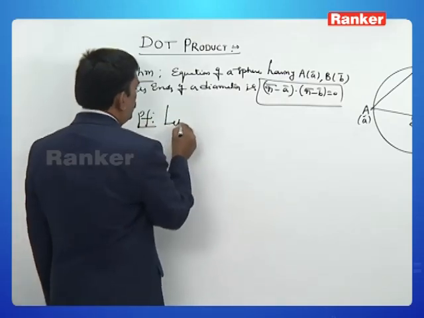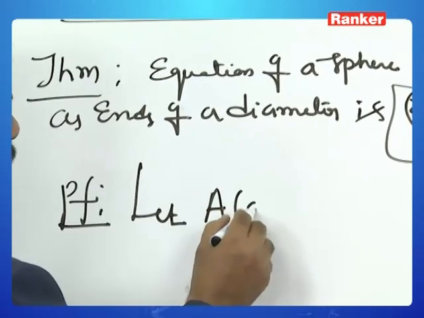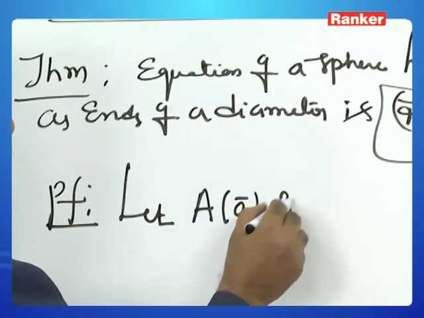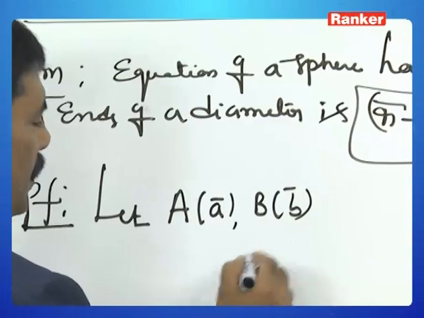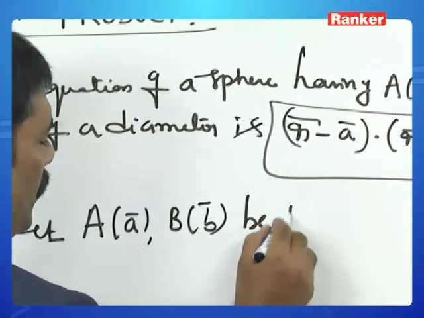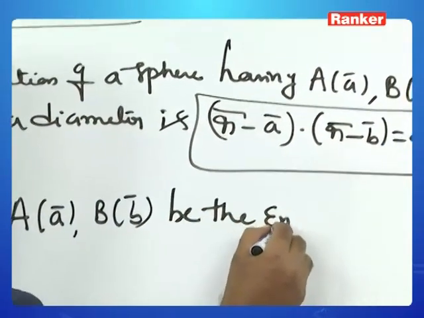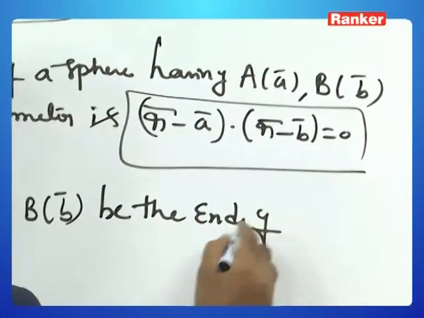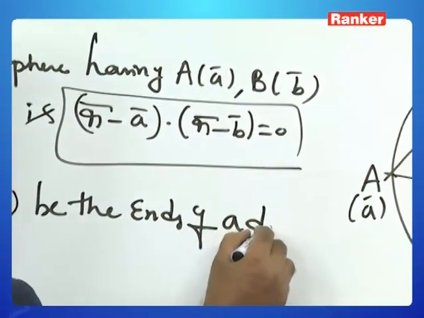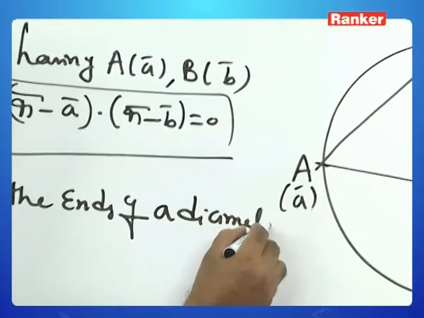Let A of a bar, B of b bar be the ends of a diameter.